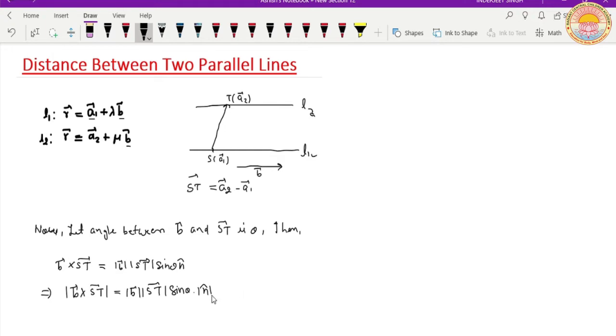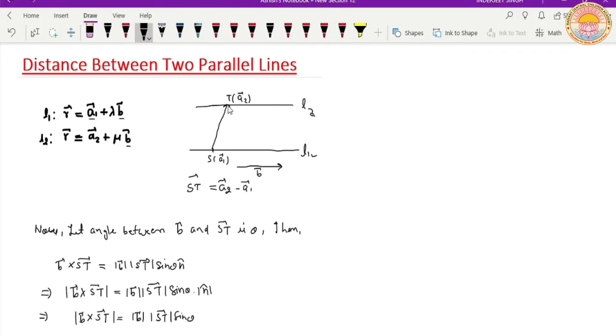And the magnitude of unit vector n cap will be 1. So we will get magnitude of vector B cross vector ST is equal to magnitude of vector B into magnitude of vector ST sin theta. Clear?